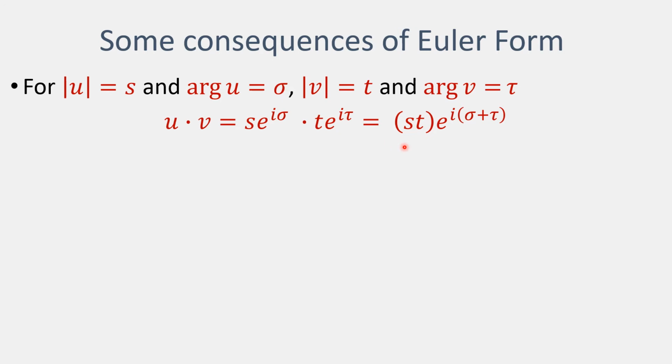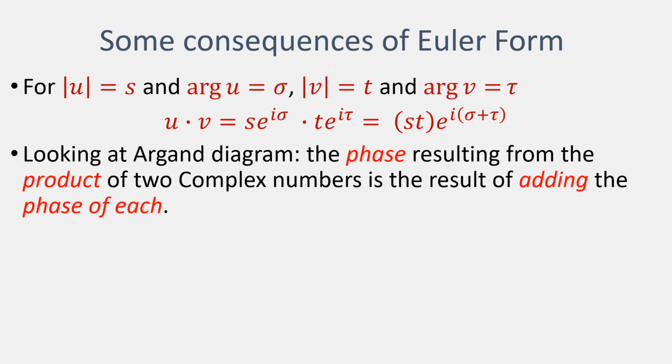That's just standard multiplication, so we get this as the outcome. But if we look at what's happening here, the phase of this result of the multiplication, we just obtain by adding the phases of the two contributing complex numbers.